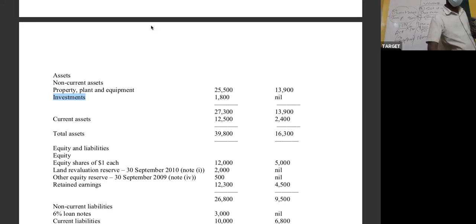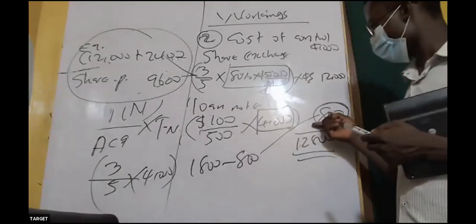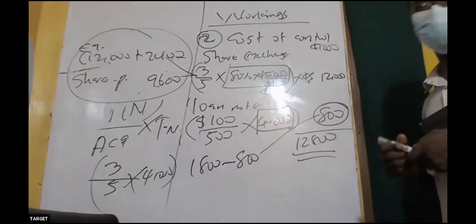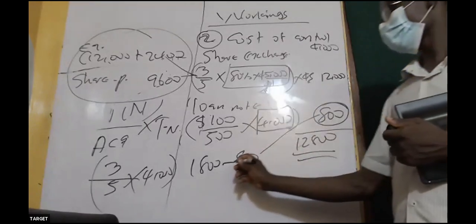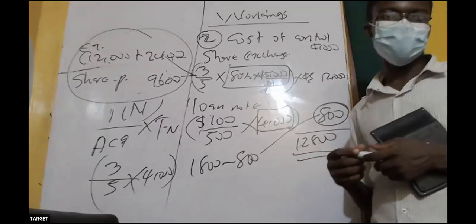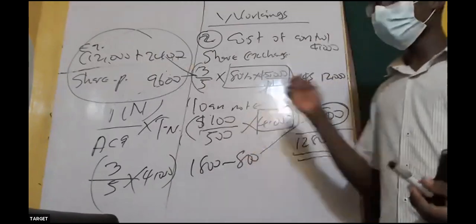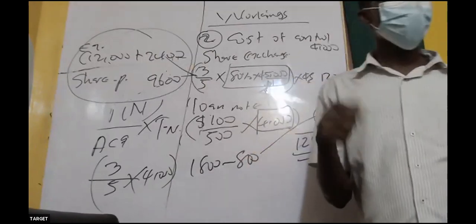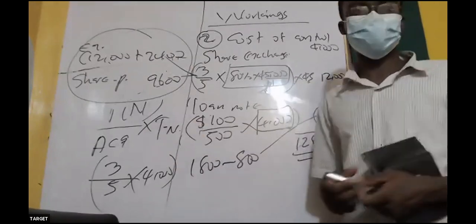Good. Now, the loan note that they've issued has been recorded, so it has been added to the investment. We go there and subtract it. We don't consolidate any investment or any consideration paid to acquire the subsidiary.